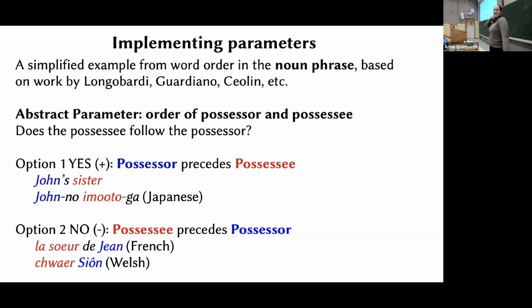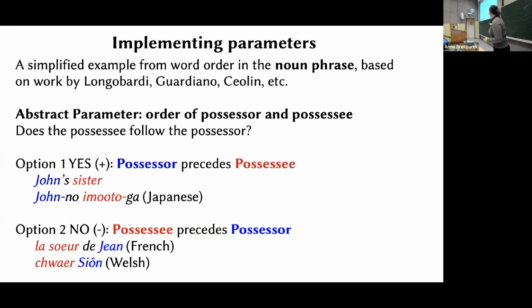This is based on work by Guardiano and Longobardi, where you basically have a set of questions, and you have that set of questions for your historical language or for your modern language. The question would look like, does, for instance, the possessee follow the possessor? And then you have two options. So there's discrete options, right?